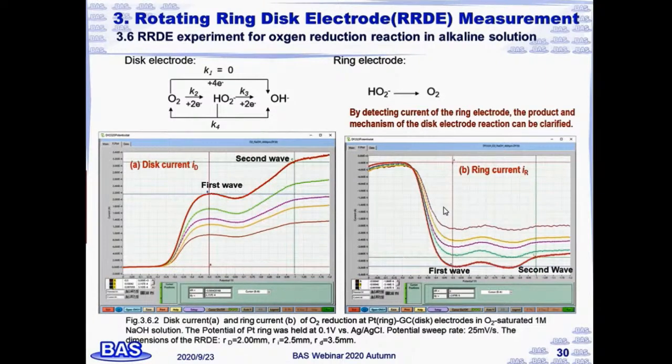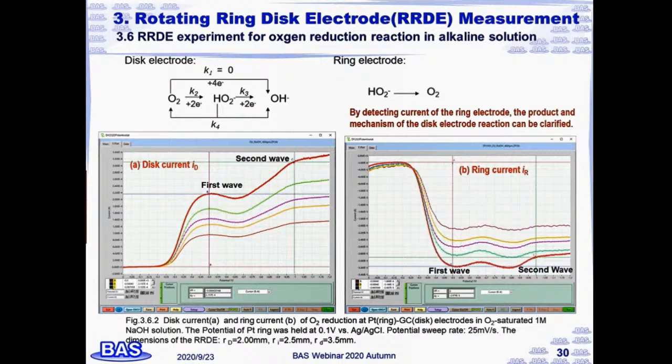Corresponding to the disk electrode potential of minus 0.5 volt, the current increased, corresponding to the first wave, at the ring electrode at that time. But the ring current decreased near the disk potential of minus 1 volt.